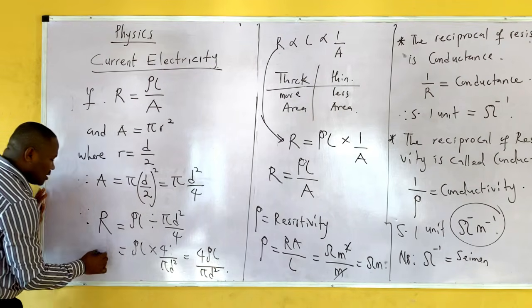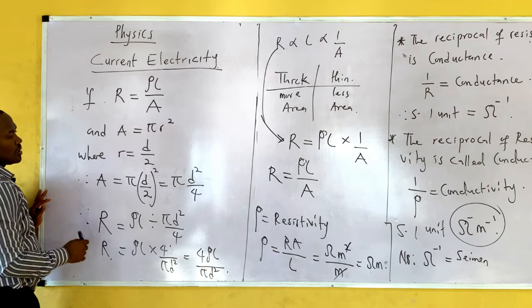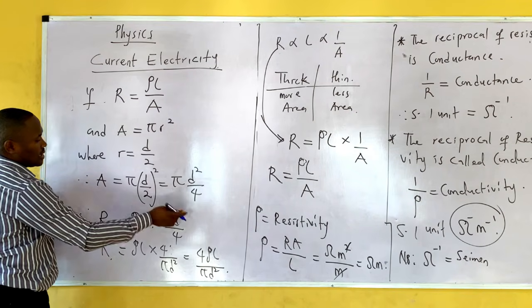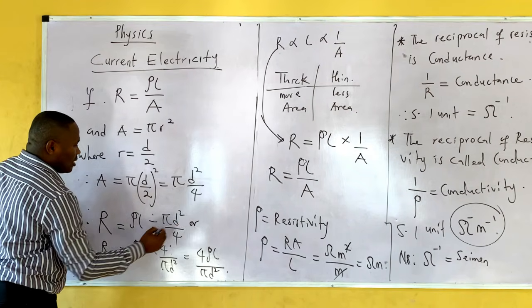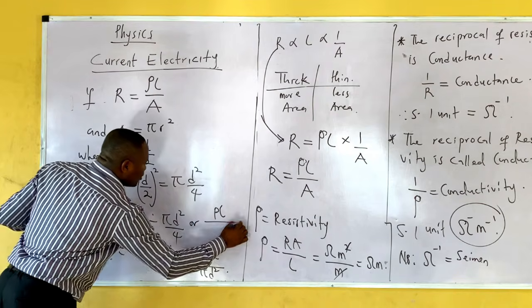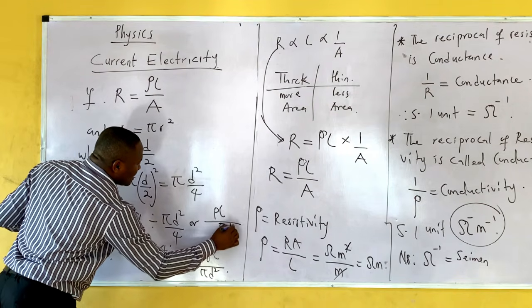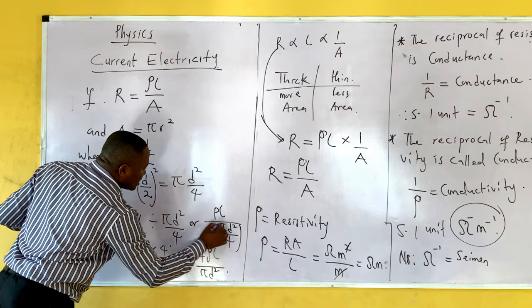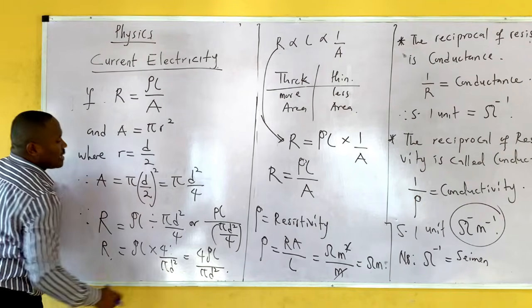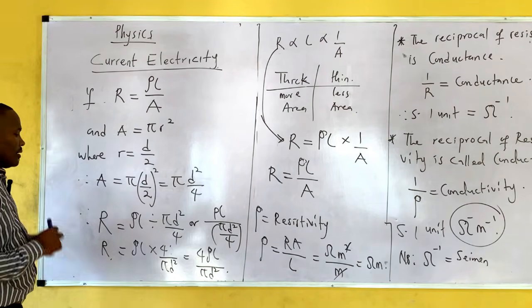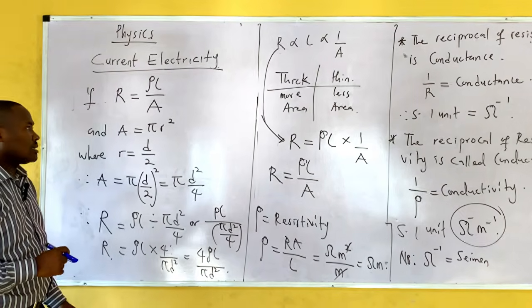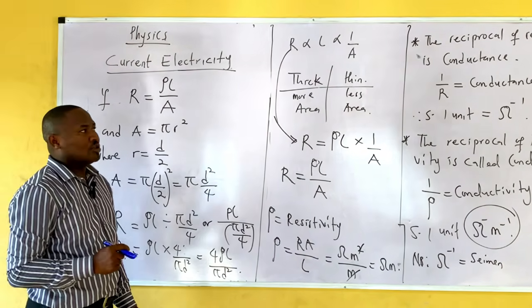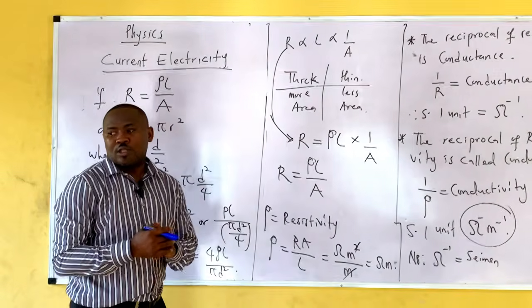Take note of this because it will be important. Some persons will just take it here and say resistivity L over pi d square over 4. It can still be this, but this is what I brought here to arrive at this particular answer. Now we'll be looking at some questions where we need this to solve.